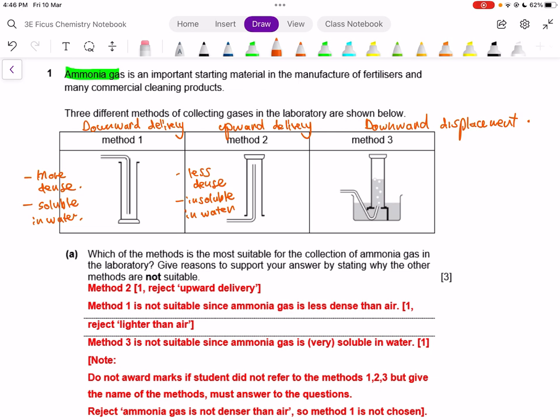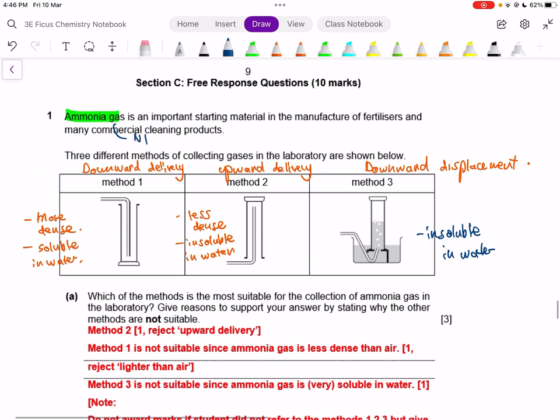Okay, so some of you I think are not aware of how to explain. This question plays around with density as well as solubility. So this one must be insoluble in water. The key thing about this one is it must be insoluble in water. Okay, so ammonia itself we know is NH3.